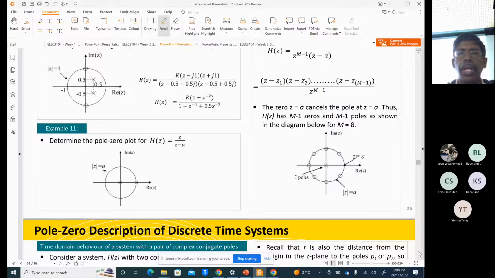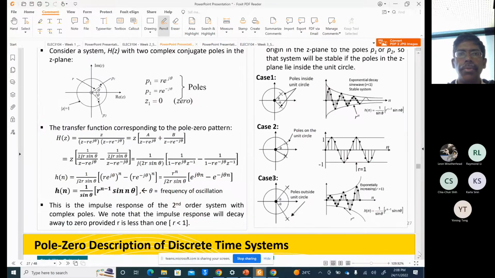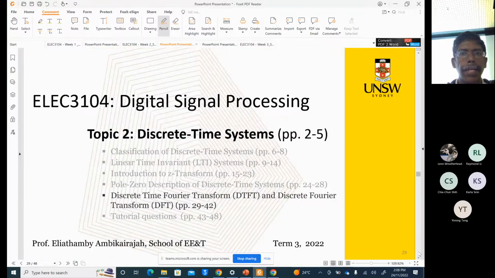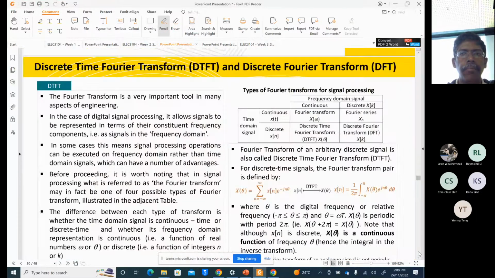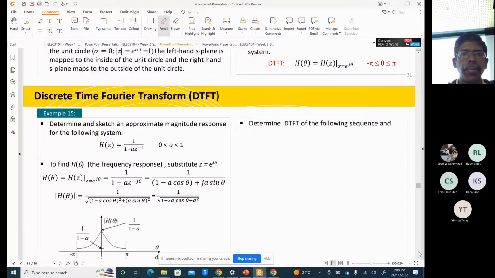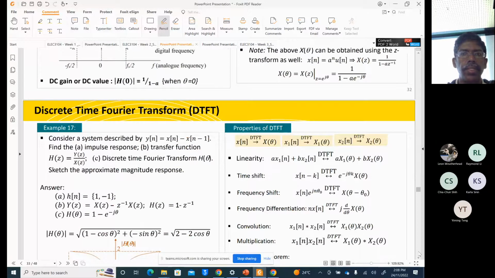So these pole zero diagrams, how to find these things. Yeah, discrete time Fourier transform. So for the discrete time Fourier transform you also have all these properties. All these properties you have here.